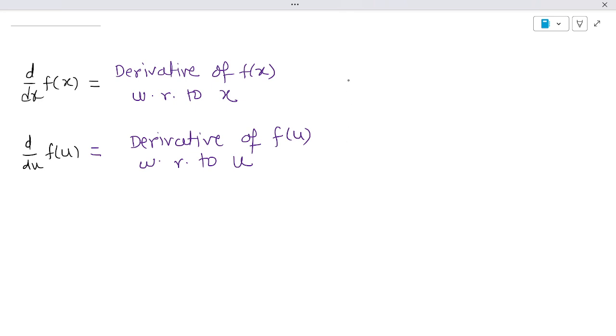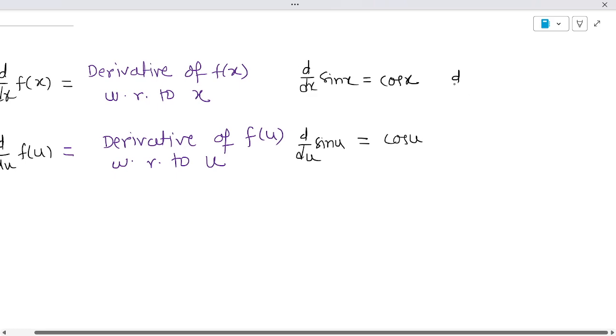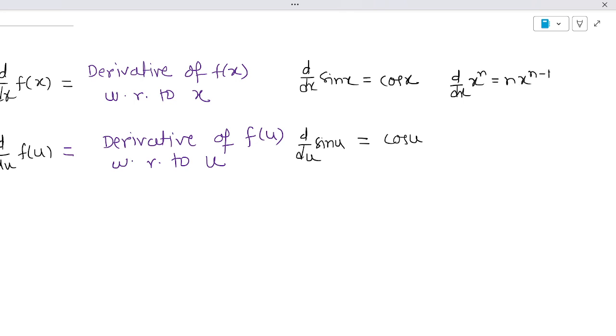For example, we know the standard formula derivative of sin x is cos x. Then what will be the derivative of sin u with respect to u? So it will be cos u. Similarly, we know the standard formula derivative of x power n is n x to the power n minus 1.